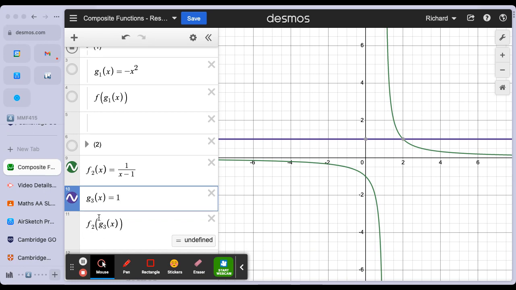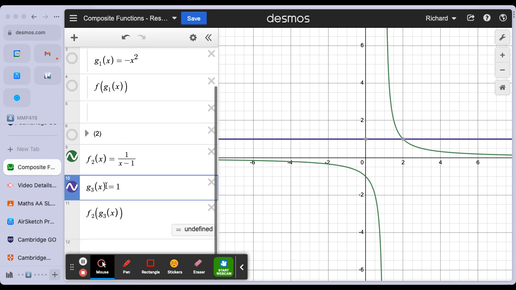Now, if the only number being output is 1, and that's the only number fed into f2 of x, then we'd have 1 over 1 minus 1, which doesn't exist, because it'd be 1 over 0. So this is another example of a pair that creates a function that never exists.